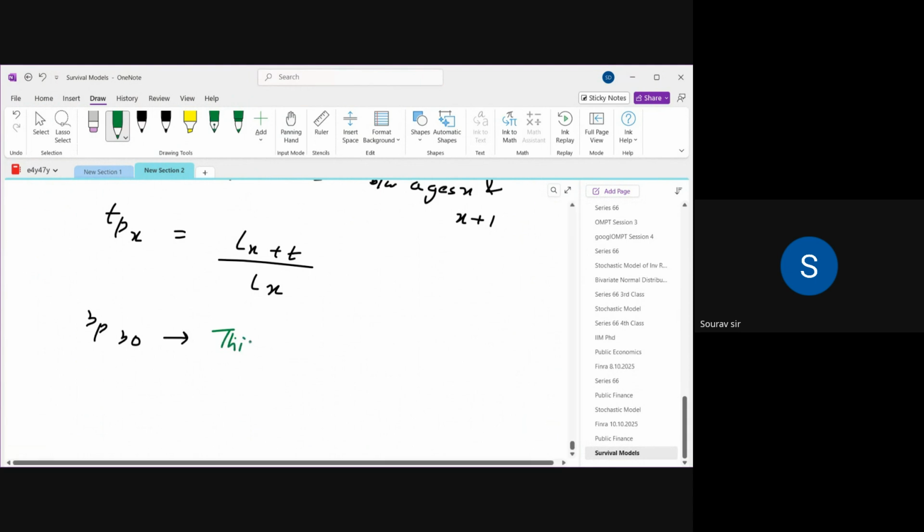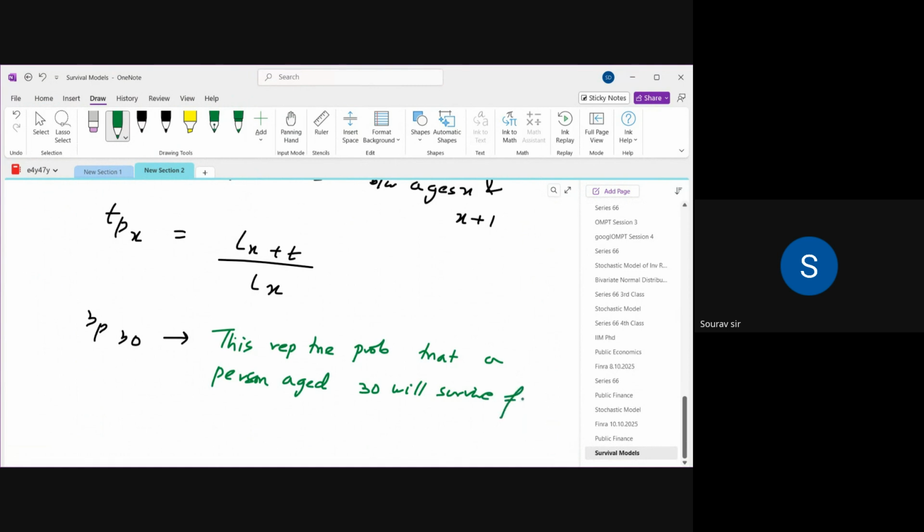This represents the probability that a person aged 30 will survive for 3 years, that is until age 33.